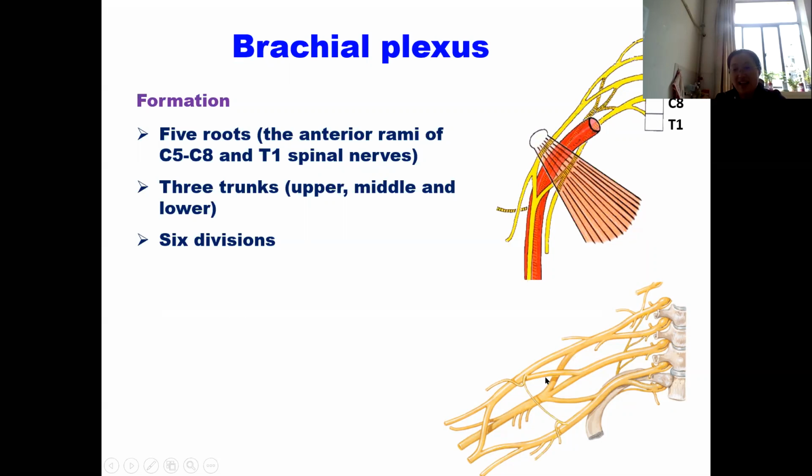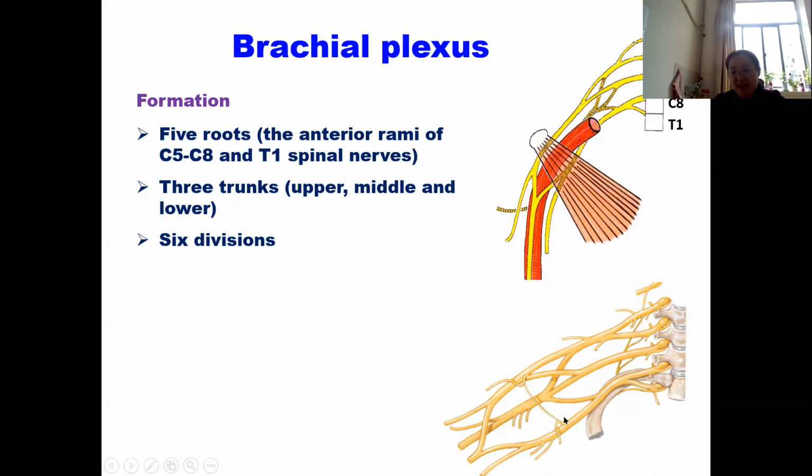After that, the anterior divisions of the upper trunk and the middle trunk join together and form the lateral cord. The posterior divisions of these three trunks form the posterior cord.